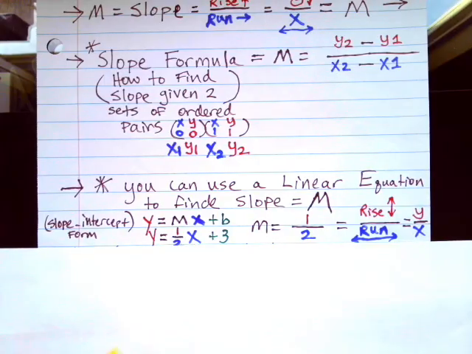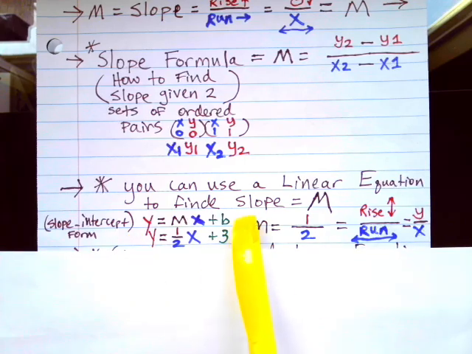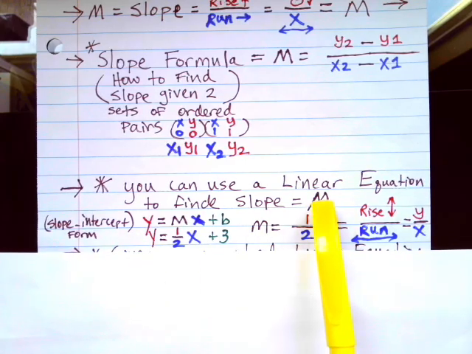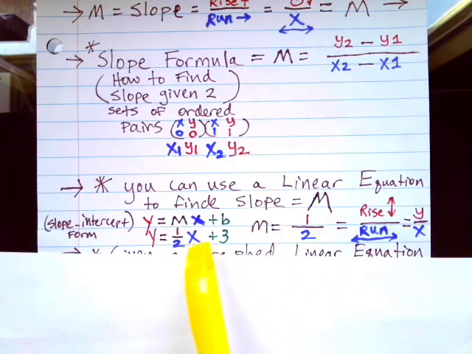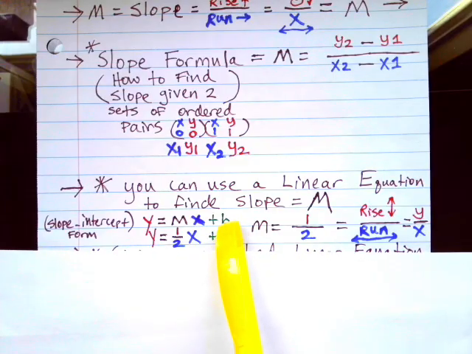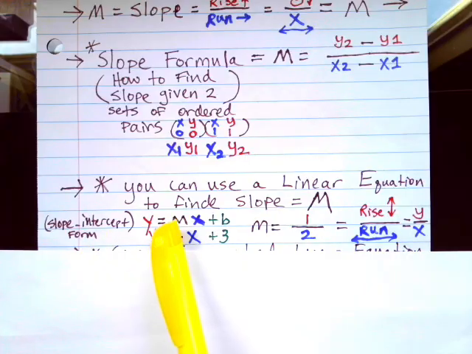You can also use a linear equation to find your slope and your y-intercept value, which is b. Slope-intercept form, y equals mx plus b. Well, your m is your slope, your b is your y-intercept.